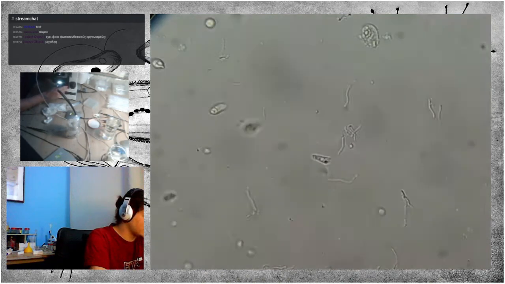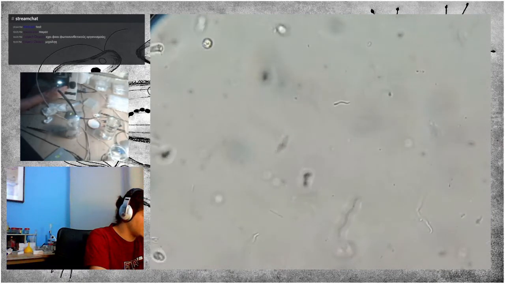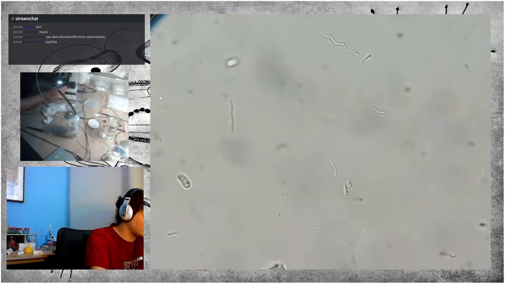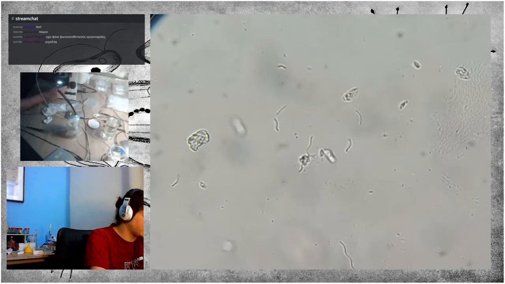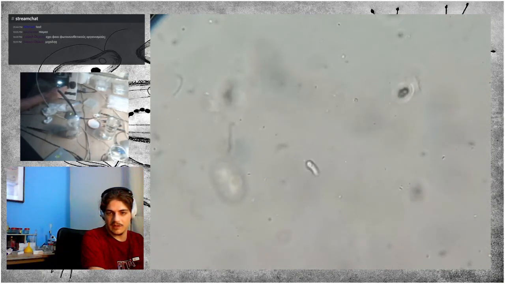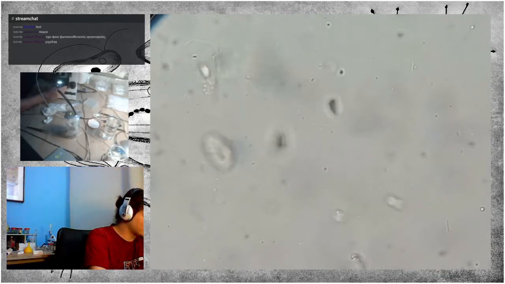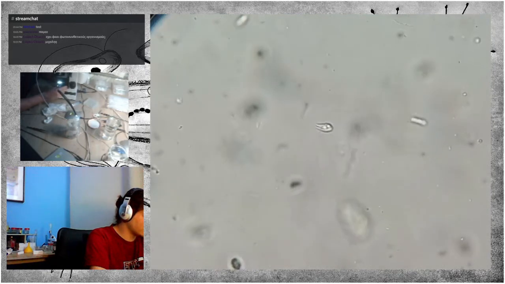Let me close a bit the condenser so you can see it better, and see if I can see any flagellums or anything like that. There is definitely a structure. I can see it sometimes, this small one that I'm following. But there isn't much that I can discern, unfortunately.